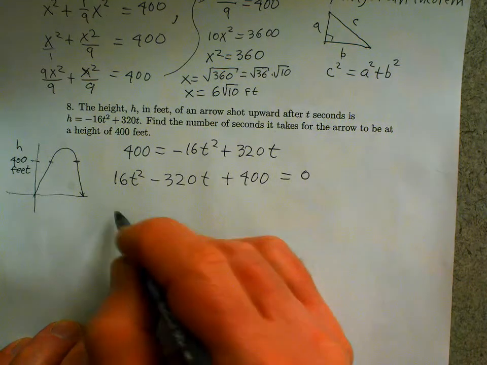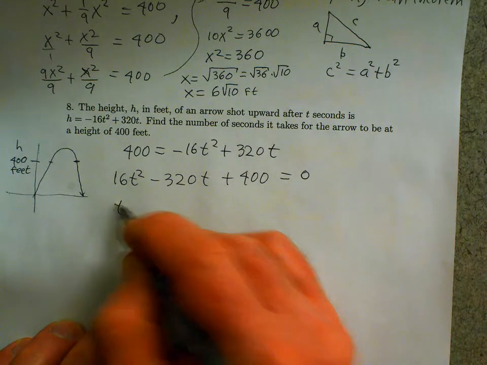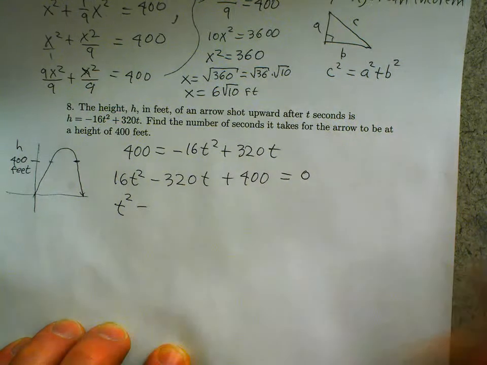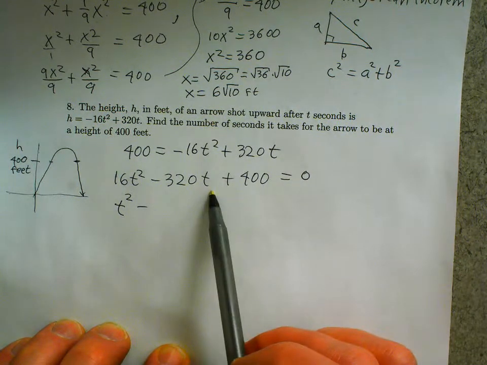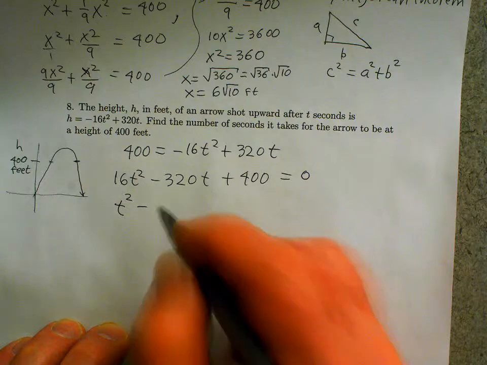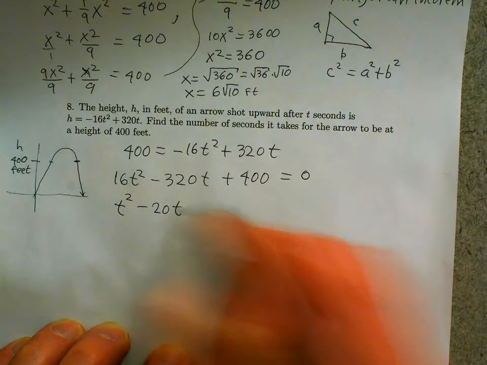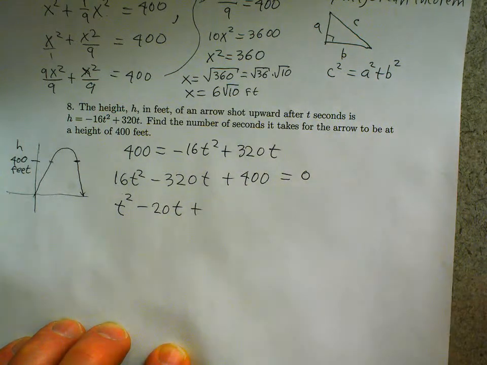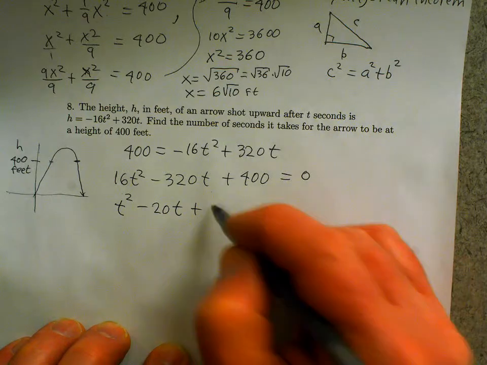16t to the second divided by 16 is t to the second. Minus 320t divided by 16 is minus 20t. And 400 divided by 16 is how much? 25.